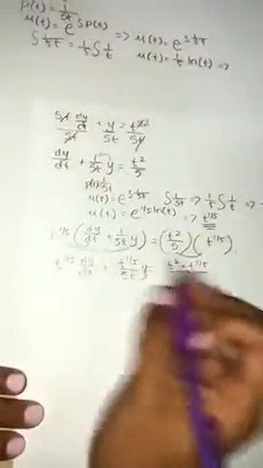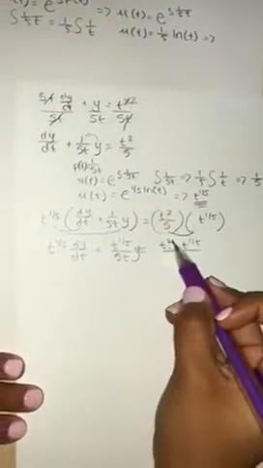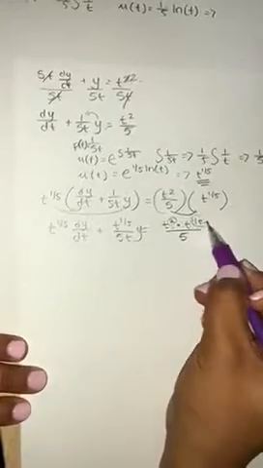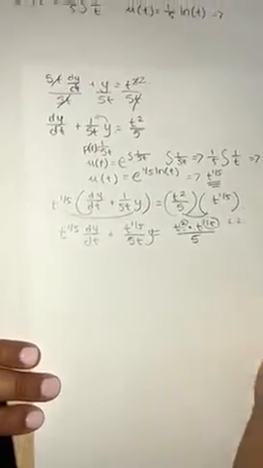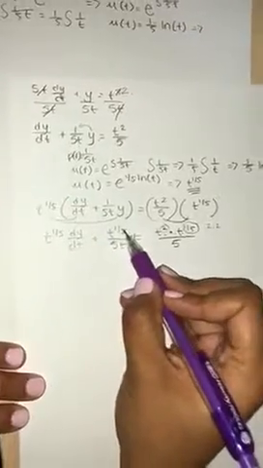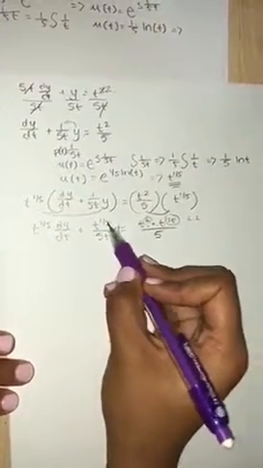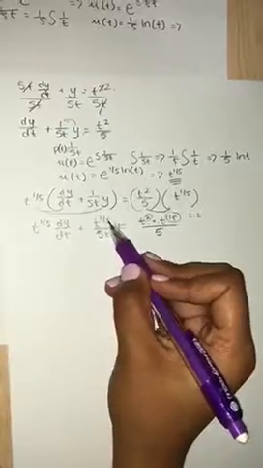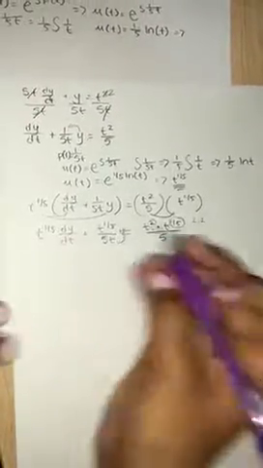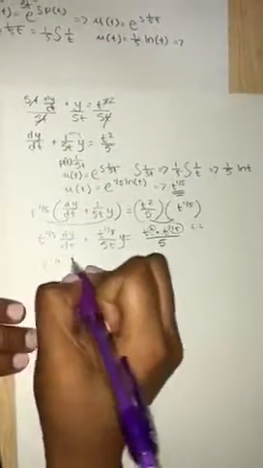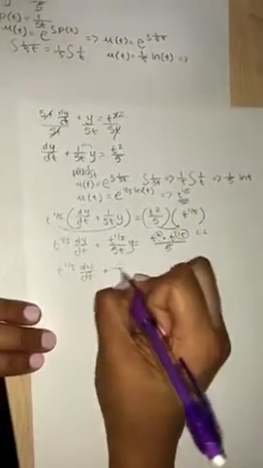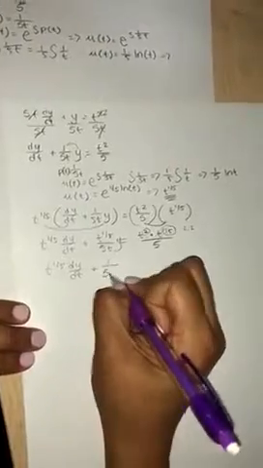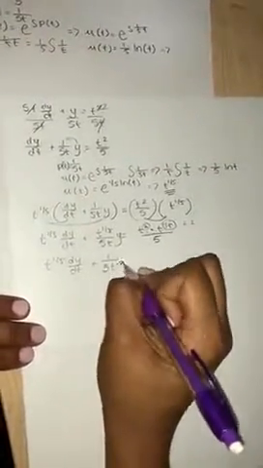And now we must simplify. We see that we can add these exponents, and when you add them you get 2.2. And here we subtract the exponents, so let me just rewrite this. We have dy over dt plus 1 over 5 t to the negative 0.8 y.